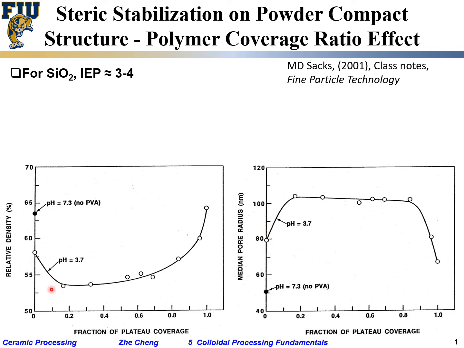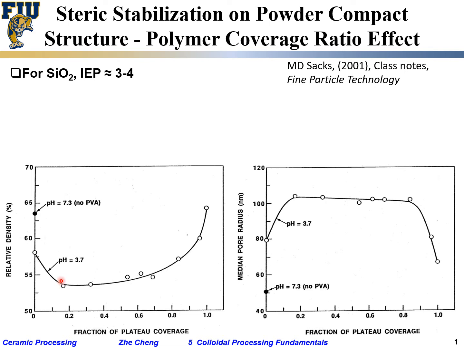This region is what people call the so-called bridging effect. When my particle surface has just a little bit of polymer, and two particles get closer, the polymer on one particle and the polymer on the other particle have a tendency to entangle each other. Hook. You imagine the polymer on one particle is like a chain, and the polymer on the other is like another chain.